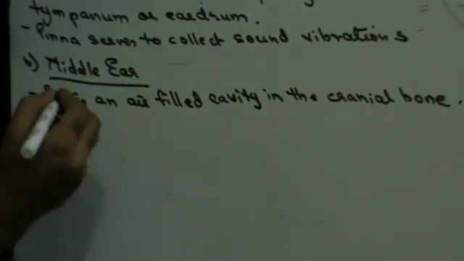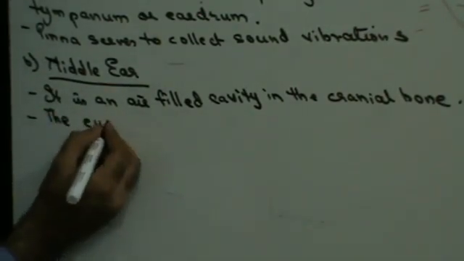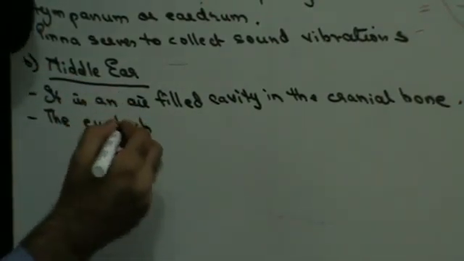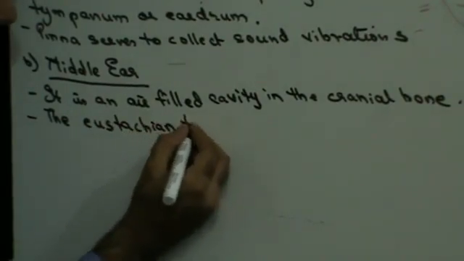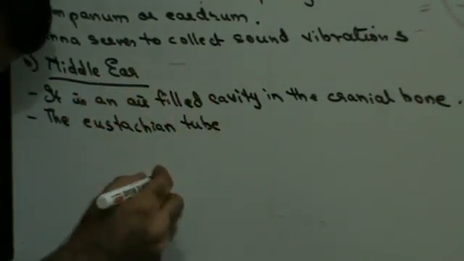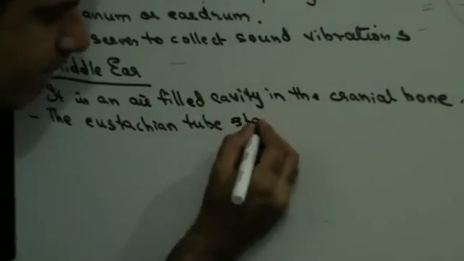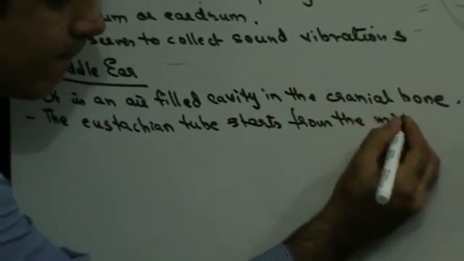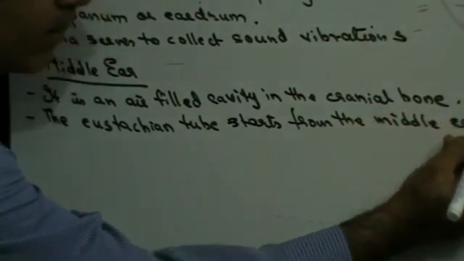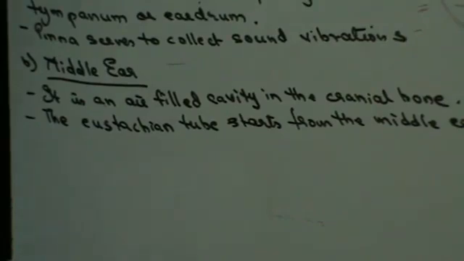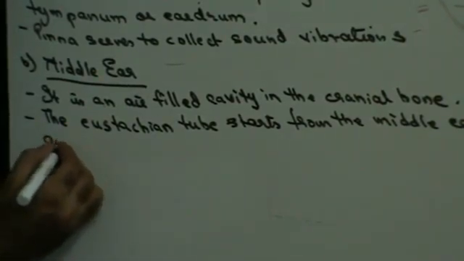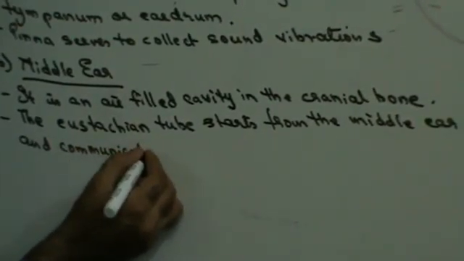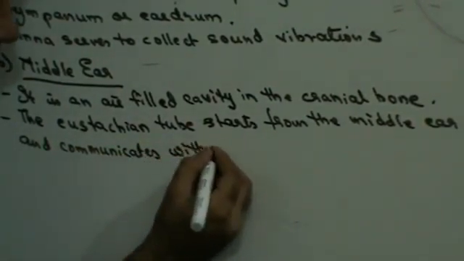The eustachian tube starts from the middle ear and communicates with the pharynx.